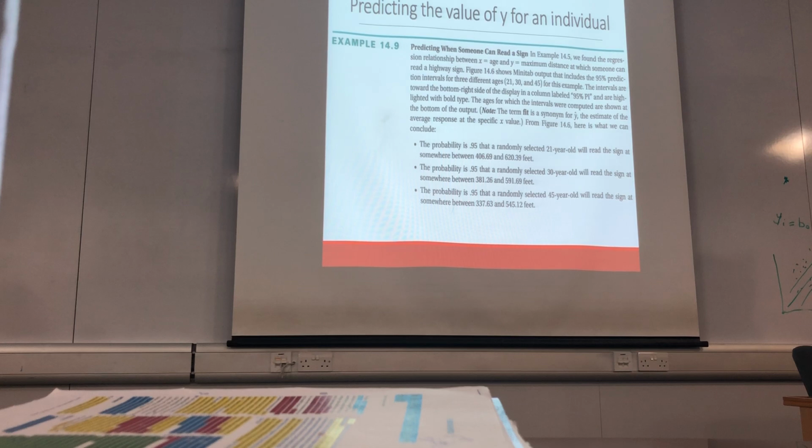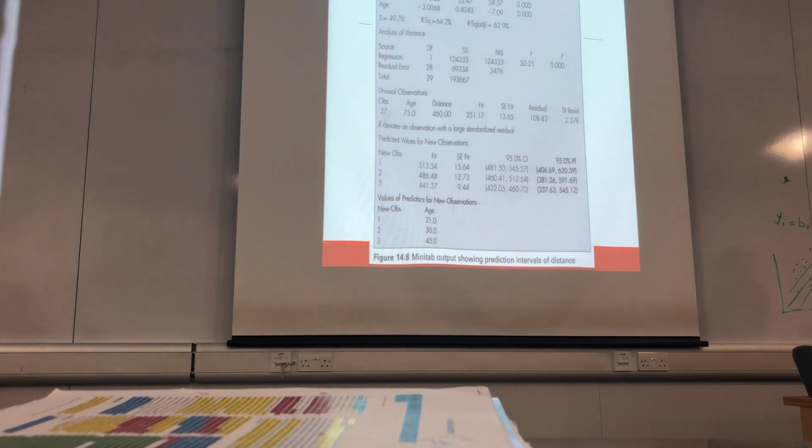We got the regression equation, and now we want to use it to predict for different ages not in the data: 21, 30 and 45 for this example. The intervals are toward the bottom right side of the display in the column labeled 95% PI, prediction interval, and are highlighted in bold.